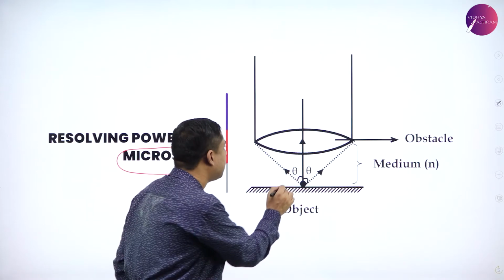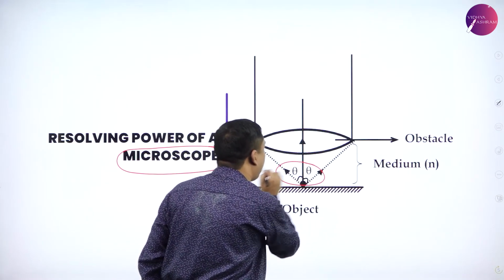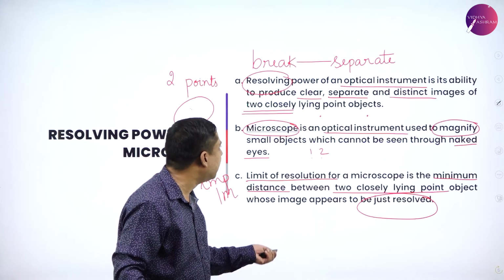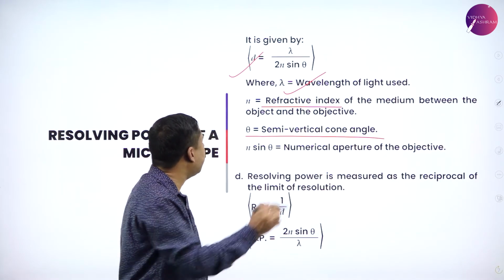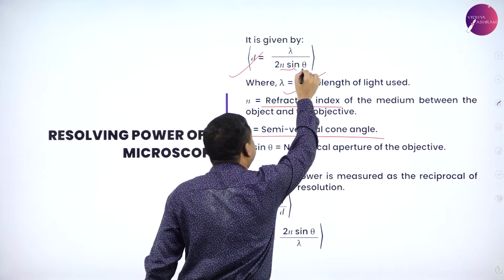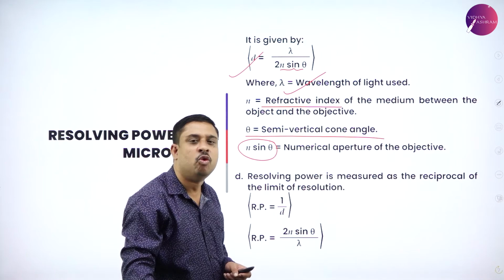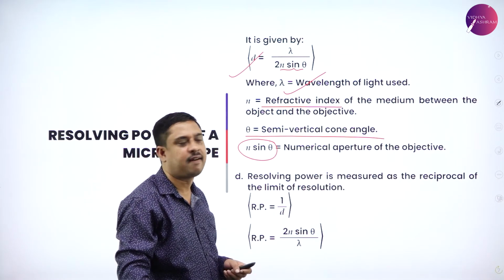If you observe here, this is theta. And this n sin theta together is called numerical aperture.